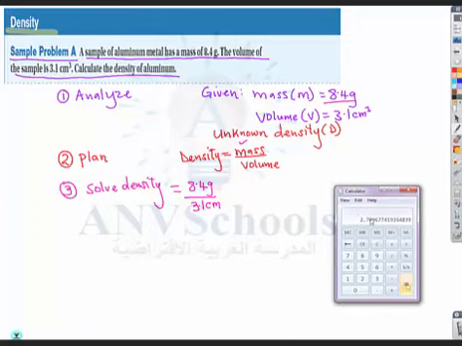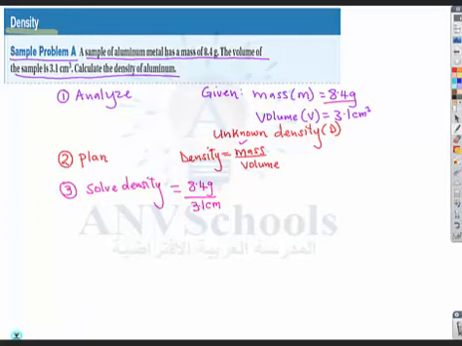So we will round off to 2.7. Our answer is 2.7, but you have to remember to put grams per cubic centimeter. This was cubic centimeter, so it should be grams per cubic centimeter.